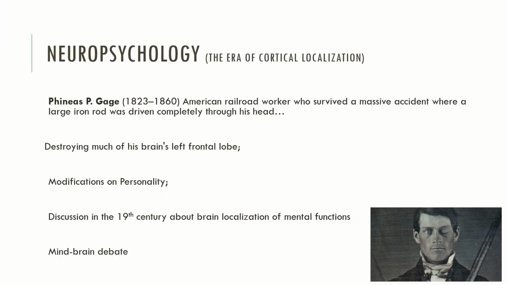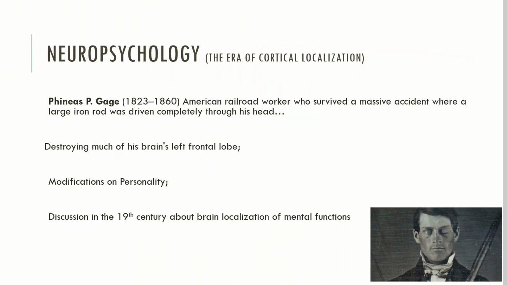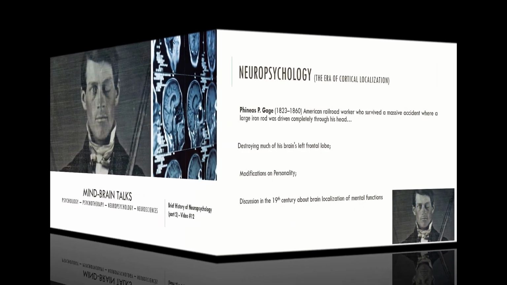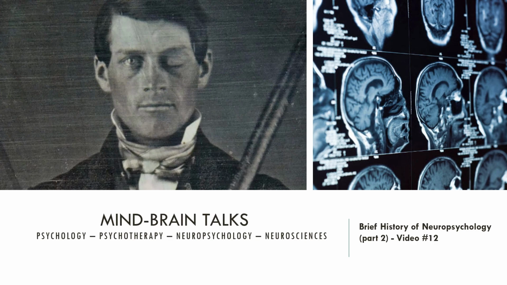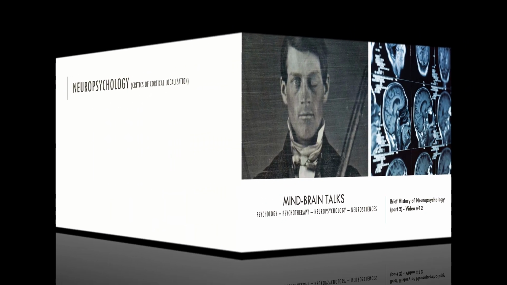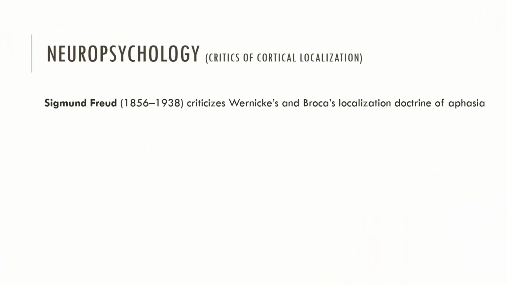as a scientific field. Freud was also very important in the field of neuropsychology because he criticized the notion of localizationists. There were some psychologists and physicians who were critics of the cortical localization theory. Sigmund Freud criticized Wernicke and Broca regarding the localization doctrine of aphasia.